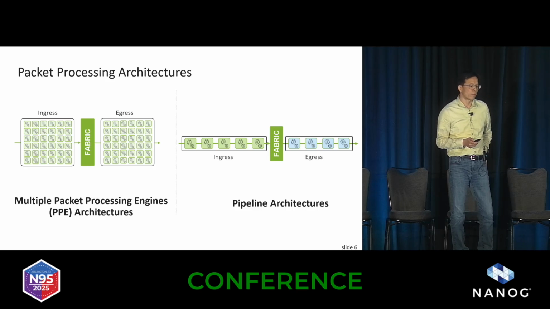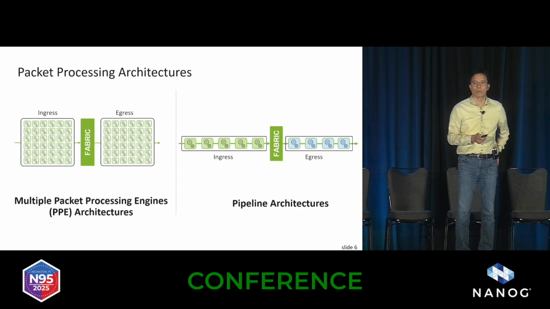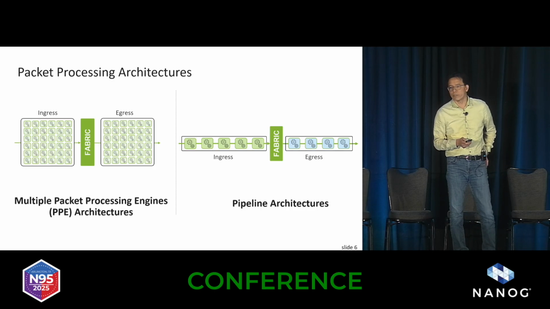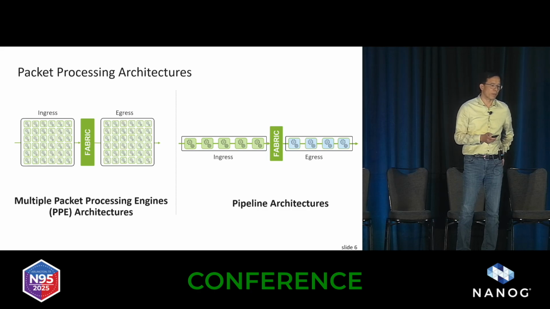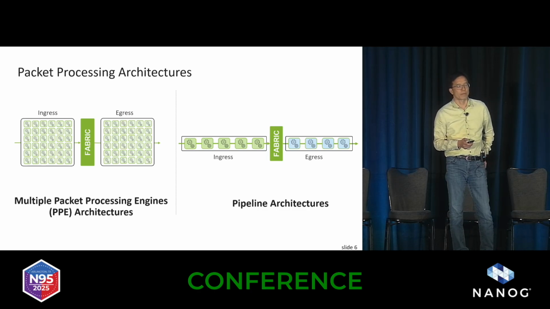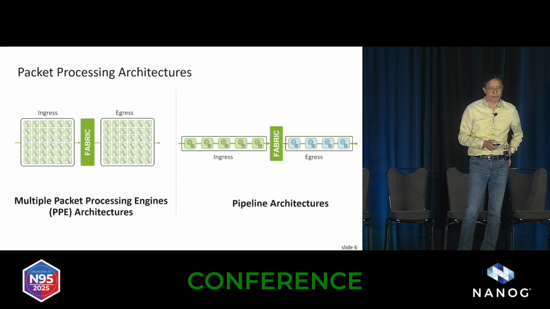And within a chip, we can put a lot of those, depending on the capacity we want to build. It could be 64 such engines, 128, or 256. And each packet processing engine is fully programmable, so it makes it very flexible to do the packet processing.